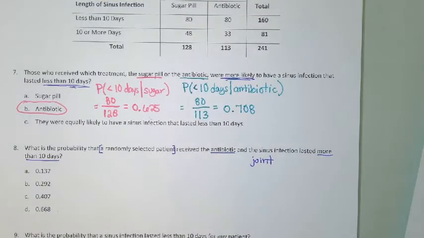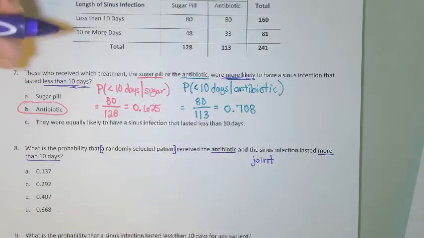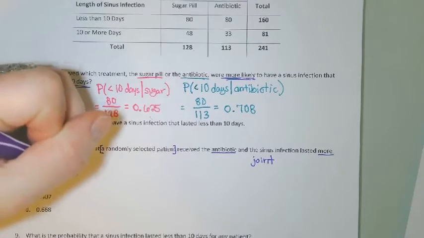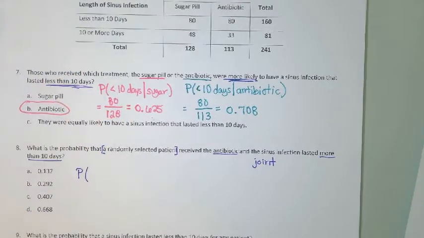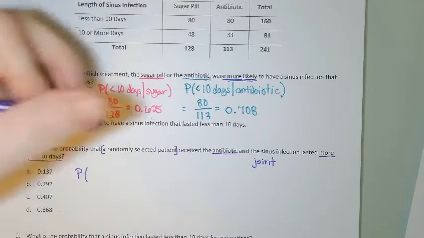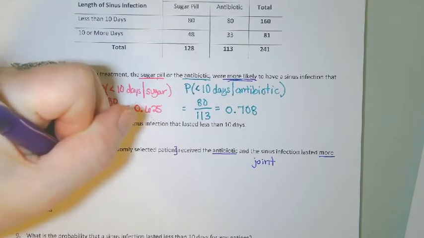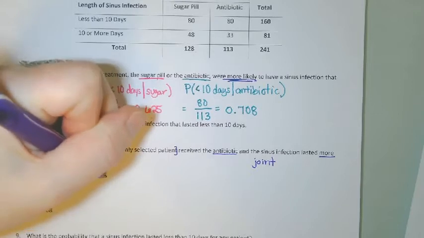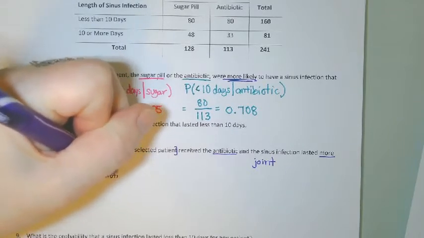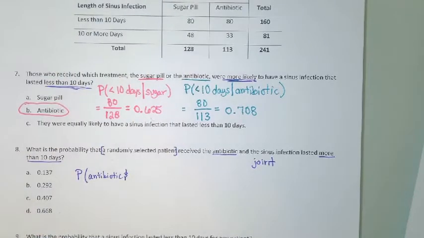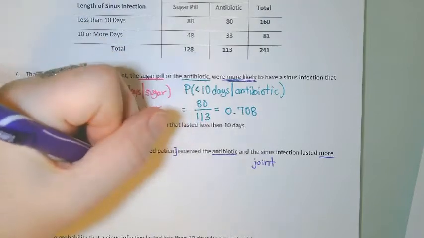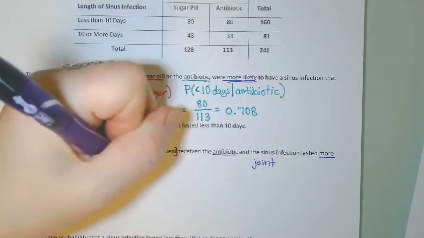So if I were to write this out as a probability statement, I would have what is the probability that a randomly selected patient received the antibiotic and their infection was 10 or more days.